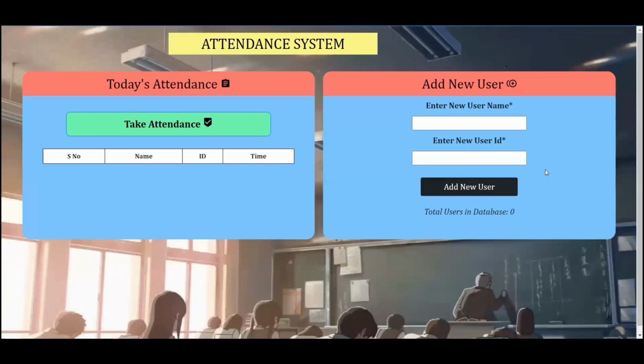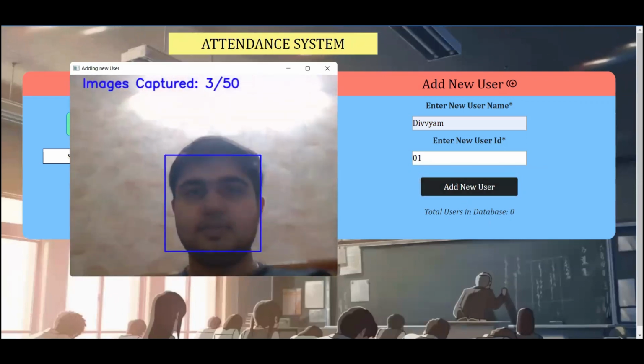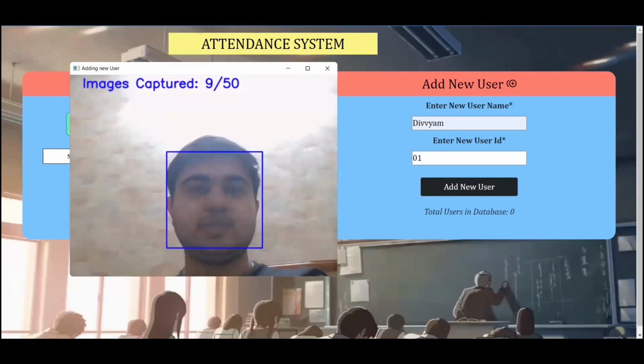Now I'll show you a demonstration of the app taking my pictures. So I first enter my name, user ID. I'm taking roll number 1 and I'll press this option. So the camera opens and it starts taking my pictures.